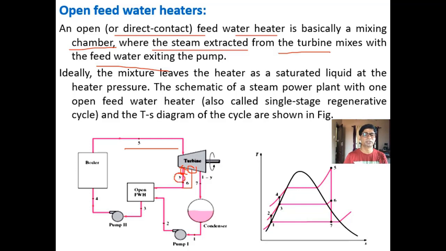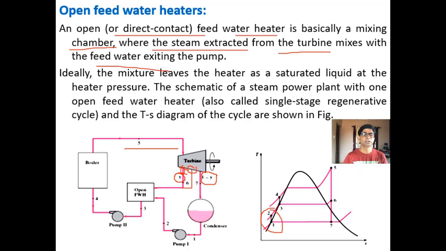So out of every 1 kg, Y kg is extracted. The remaining steam, that is 1 minus Y kg, expands further in the turbine and passes through the condenser. It condenses to the initial pressure or temperature at state 1. Then it is pumped, and you see the pressure increases during the first pumping.